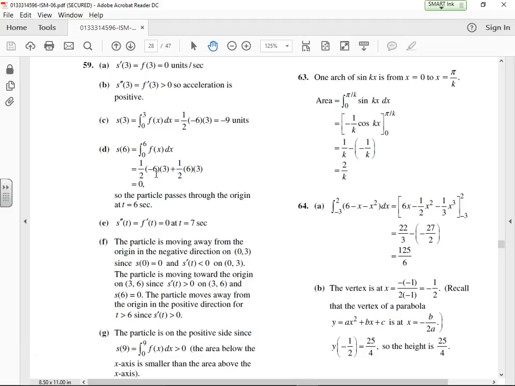Oh, but remember, at 3, time has already moved. It's already moved away from the origin, and specifically, if you look between 0 and 3, it's moved left of the origin because the area is negative. So it moved left of the origin, and now it's moving right. Oh, because it's 3 to the left and 3 back to the right. Got it. Does that make sense?